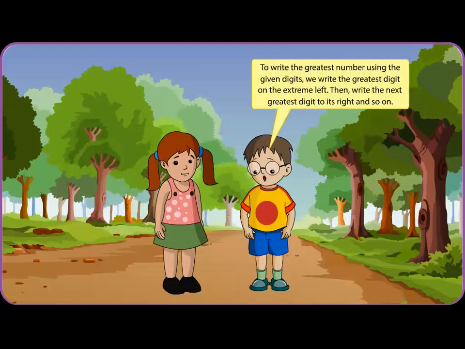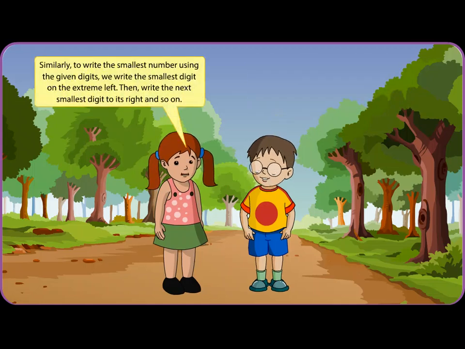Writing greatest and smallest number using given digits. To write the greatest number using the given digits, we write the greatest digit on the extreme left. Then, write the next greatest digit to its right, and so on. Similarly, to write the smallest number using the given digits, we write the smallest digit on the extreme left. Then, write the next smallest digit to its right, and so on.